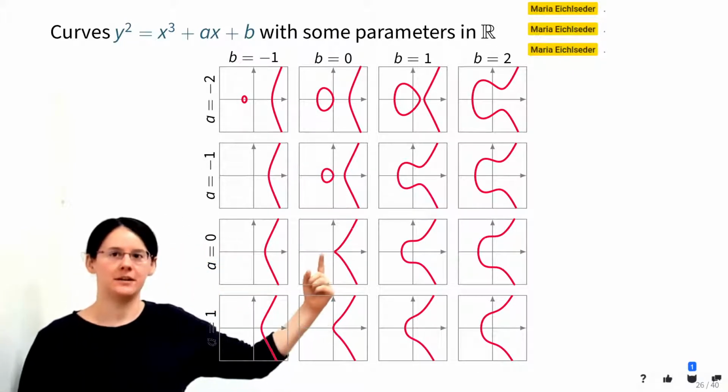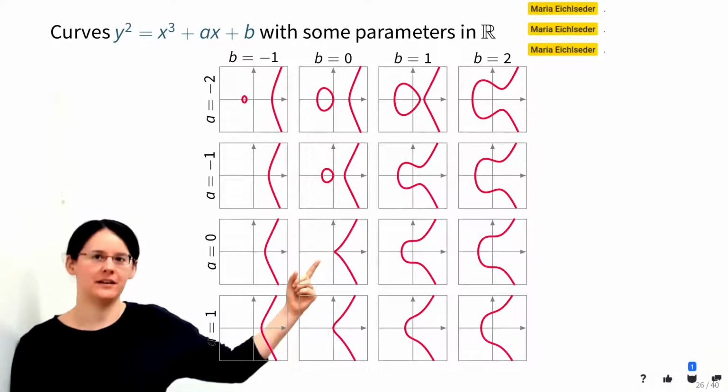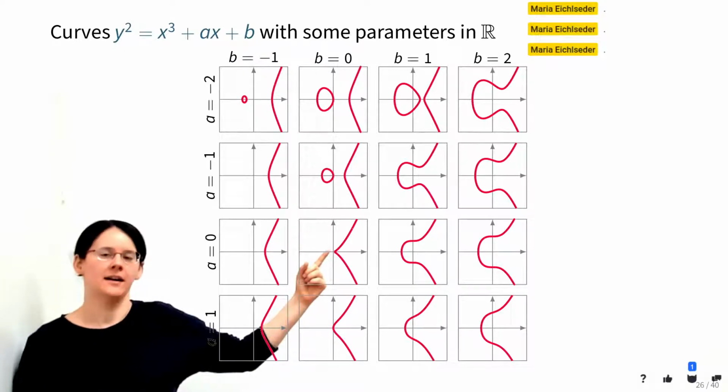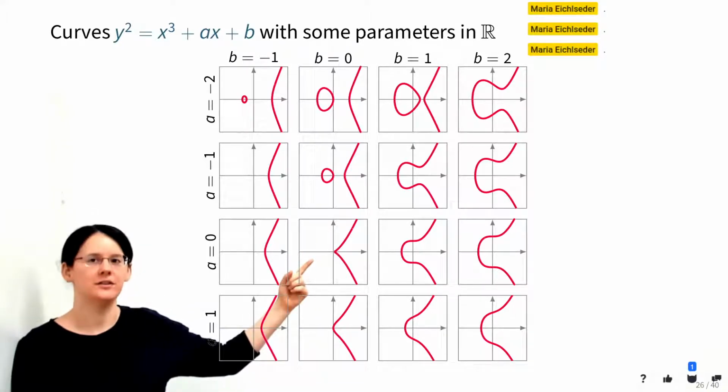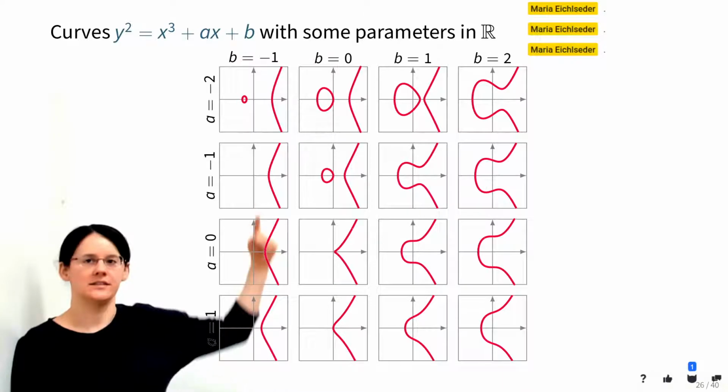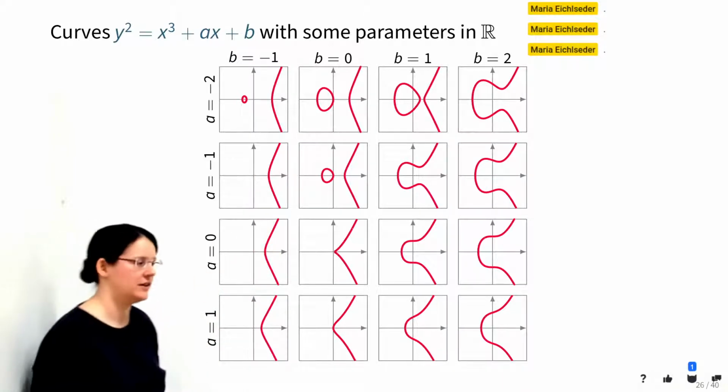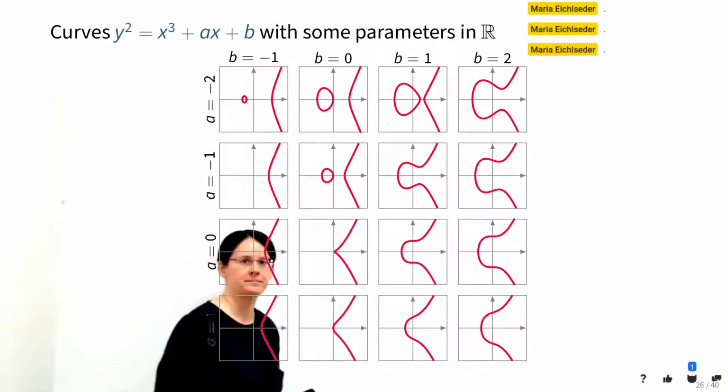This means that the particular case of A equals 0, B equals 0 is not a nice curve, because you can see it has a point here, a singularity, a point where you cannot differentiate. And such points or such curves are not counted as useful or real elliptic curves. So only the nice smooth ones are actually called elliptic curves.